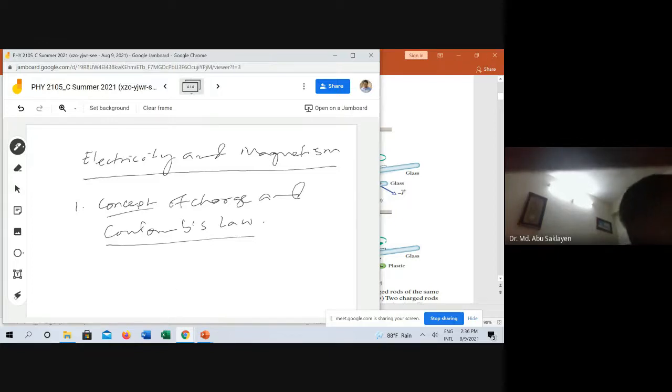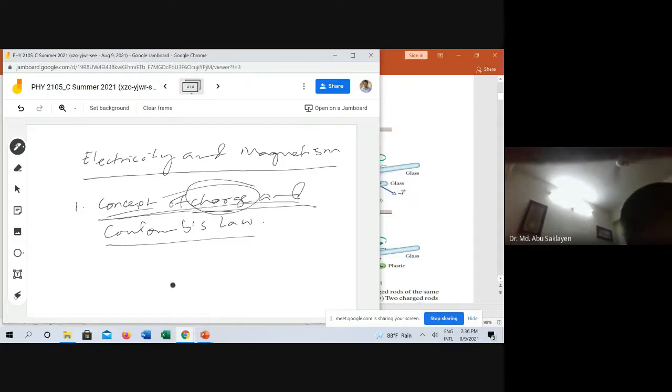So concept of charge. What is the idea of charge? What is your idea about charge?